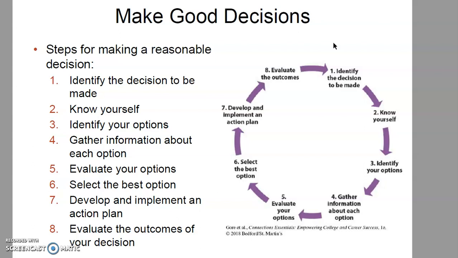That's why this process is actually a circle, because you need to evaluate what happened, and if you can improve on that decision, you keep going around the circle. And that is a summary of our 8-step decision-making process from Chapter 3.